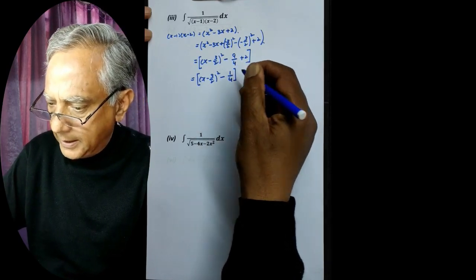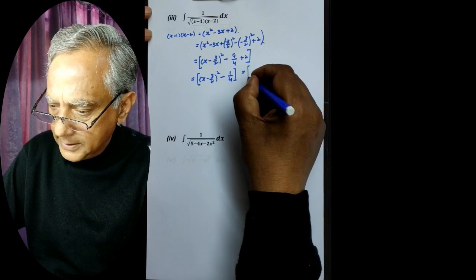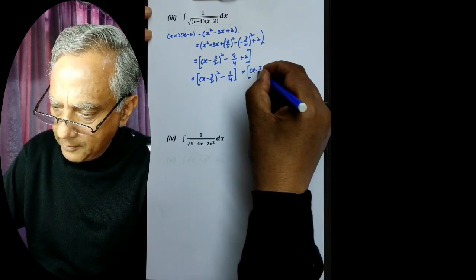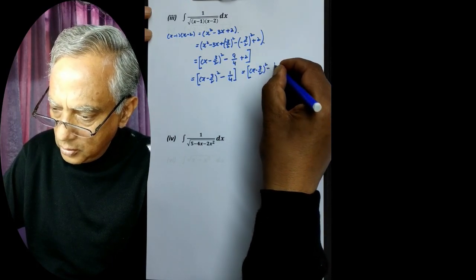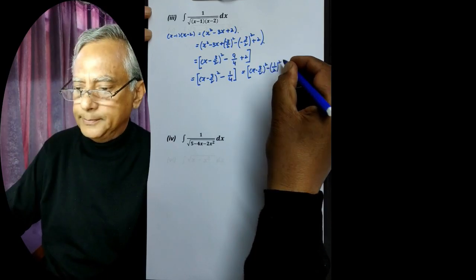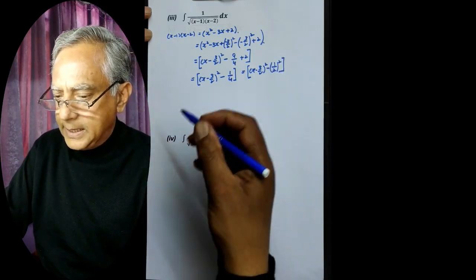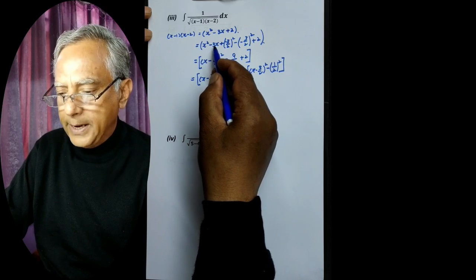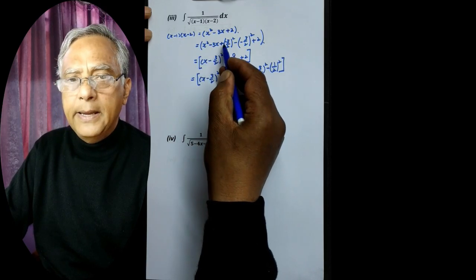And this can be written as x minus 3 by 2 whole square minus 1 by 2 whole square. 2ab term in this case is negative, so we have a minus b. It is also being indicated here.